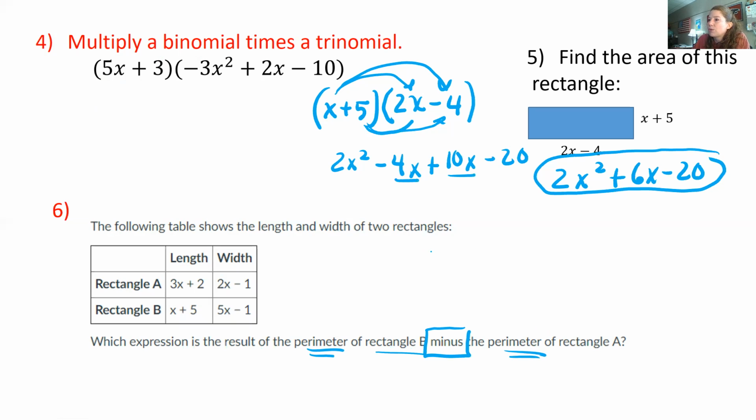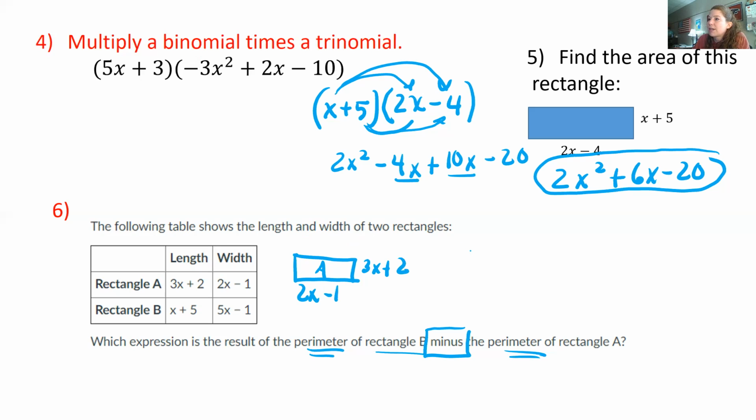So to find the perimeter, we would add up all 4 sides, right? So they give us that this is 3x plus 2, and this is 2x minus 1.